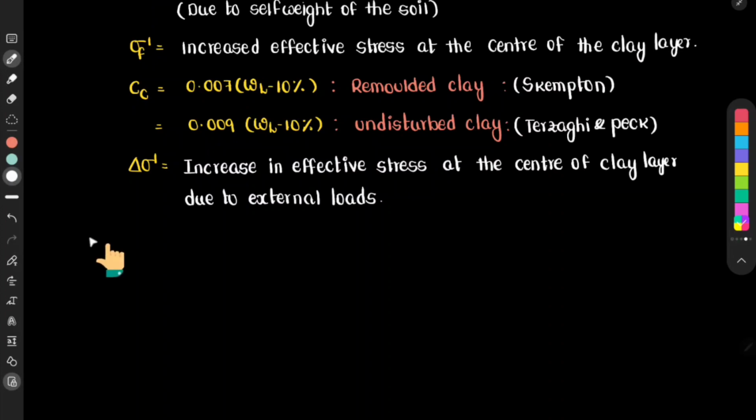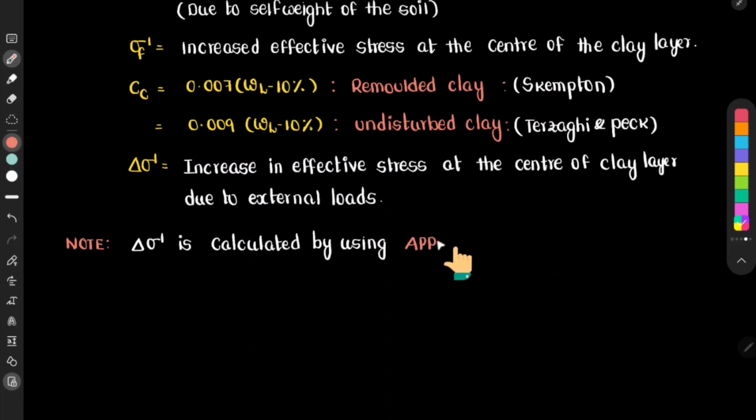Note the point: delta sigma dash is calculated by using the approximate method, which is 1 horizontal versus 2 vertical.